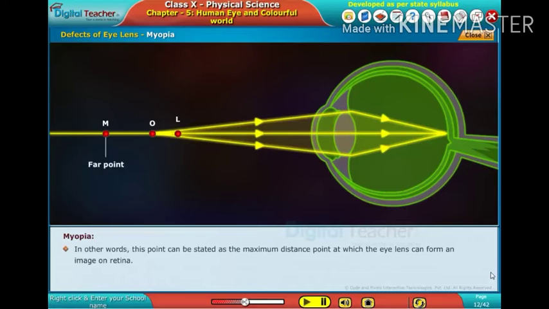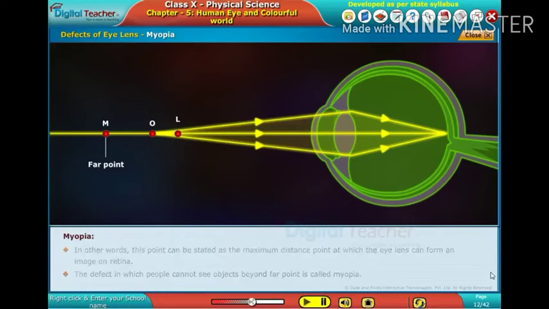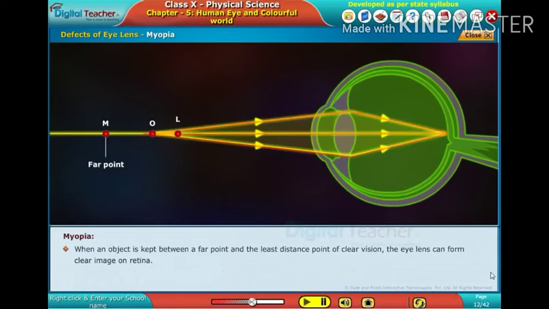In other words, it is the maximum distance point at which the eye lens can form an image on the retina. The defect in which people cannot see objects beyond the far point is called myopia. When an object is kept between the far point and the least distance point of clear vision, the eye lens can form a clear image on the retina.